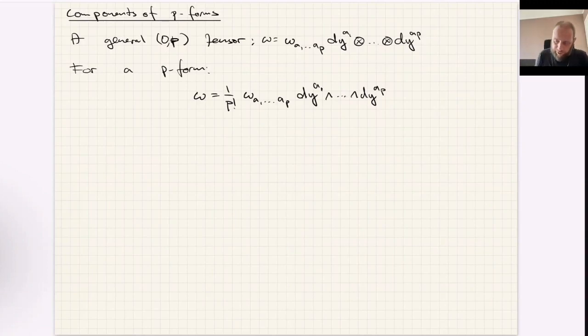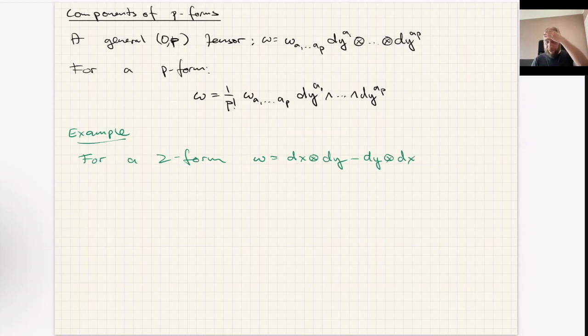So just to make this clear, for a 2 form, I could write the 2 form omega, which could be dx tensor dy minus dy tensor dx, right? So this has omega 1, 2 equal to minus omega 2, 1 equal to 1, so those are the components.